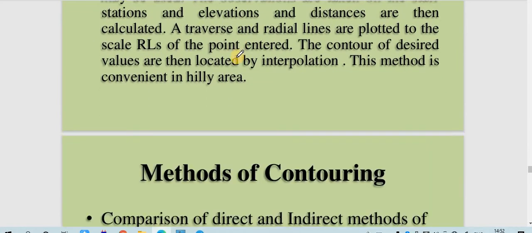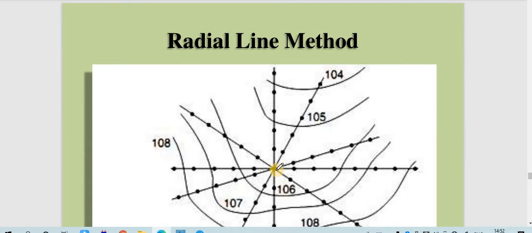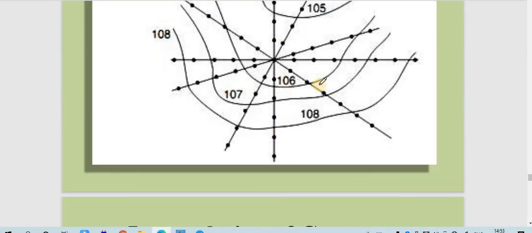So in this diagram you will understand how it has been done. What you have to do, you have to take a cross section of this particular point, and you have to take the cross section of this particular point. You have to take the cross section of this particular line, this line. And now at a suitable interval we will find out the reduced level.